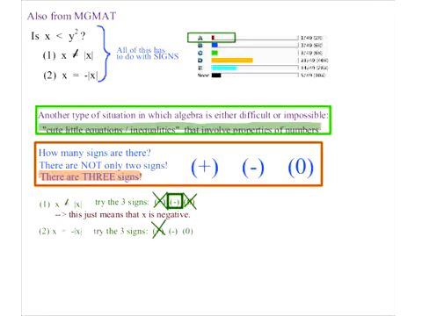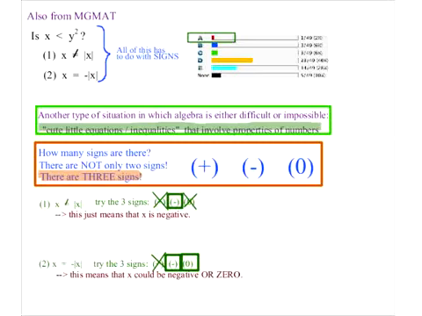The difference this time, though, is that negatives still work, but if you plug in 0, 0 also works. Negative 0 is still 0, so 0 equals 0. That's a true statement. It works. So this means that x could be negative or 0. And that turns out to make all the difference in the world on this problem.